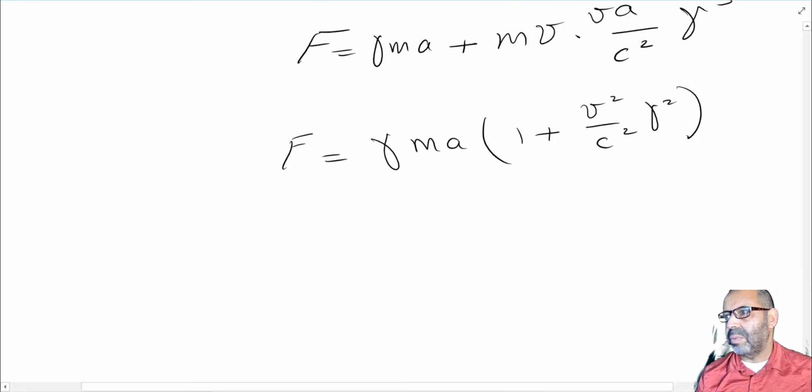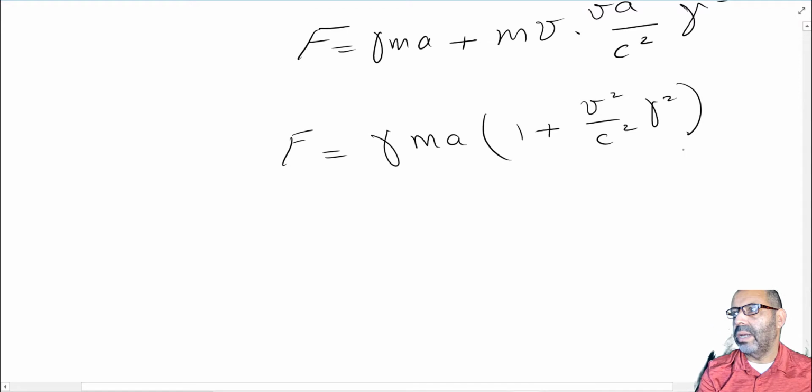So let's look at this expression in here and see what it looks like. This whole expression is actually 1 plus v squared over c squared times gamma squared, which is 1 minus v squared over c squared.